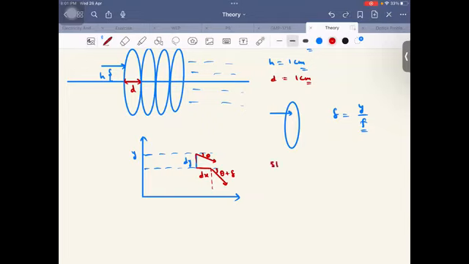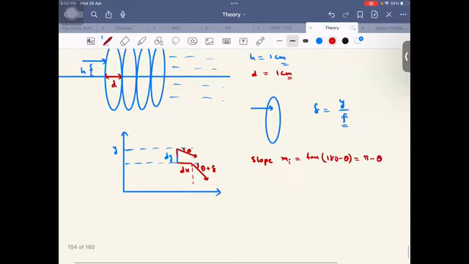So the initial slope m1 is tan of 180 minus theta. When theta is very small, can I write this as pi minus theta?